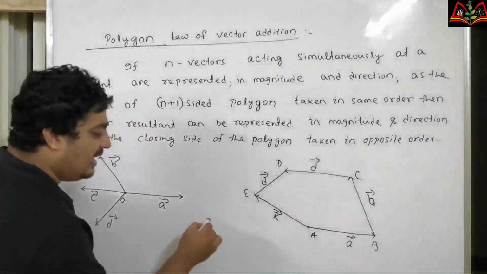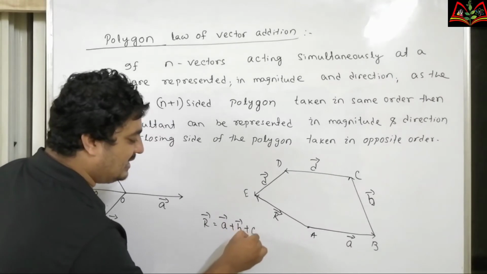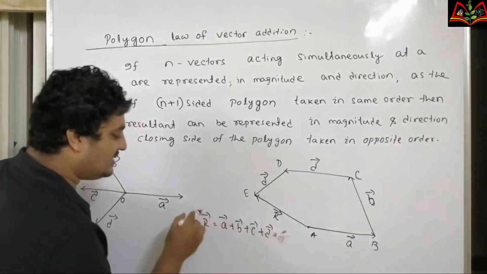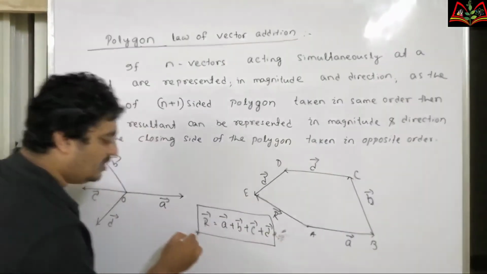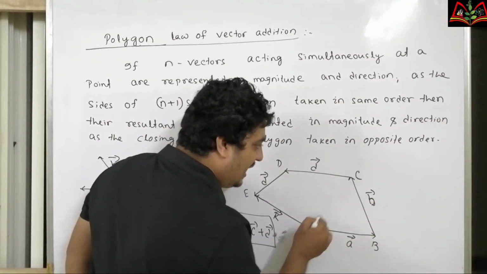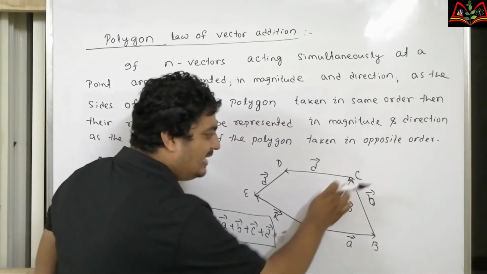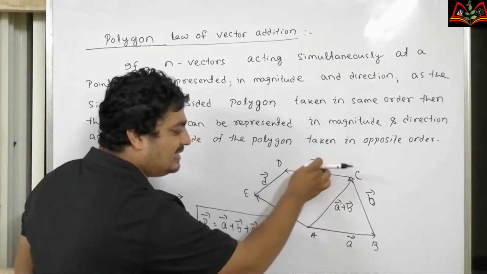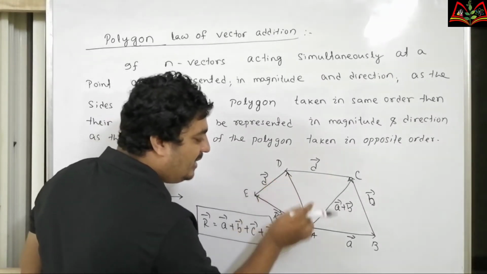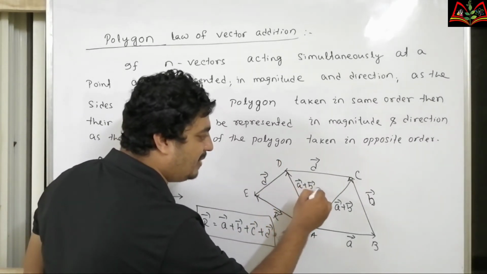So, we can say R equal to A plus B plus C plus D. So just remember, if this is A, this is B, applying triangle law, this will be A plus B. Now, AC is A plus B and CD is C. So again applying triangle law, AD will be AC plus CD. So it will be A plus B plus C.